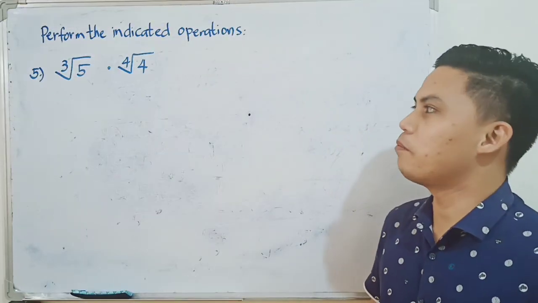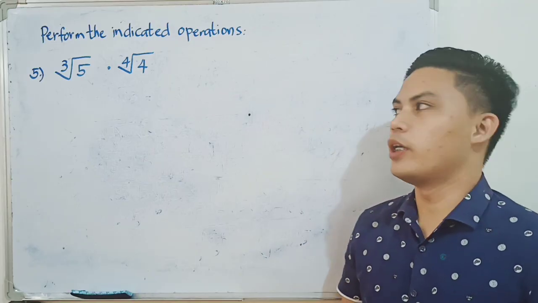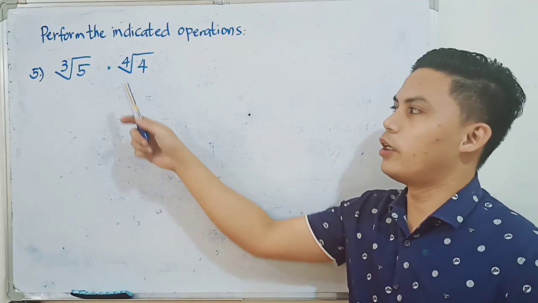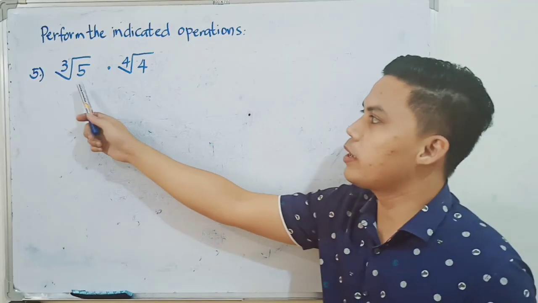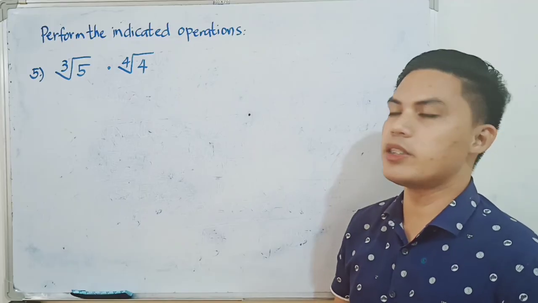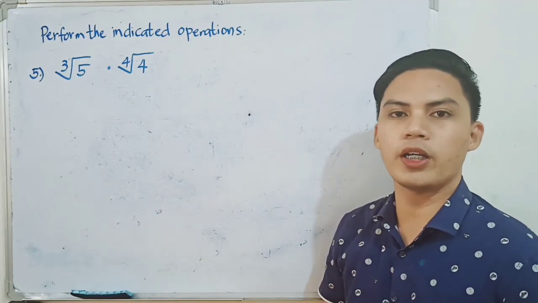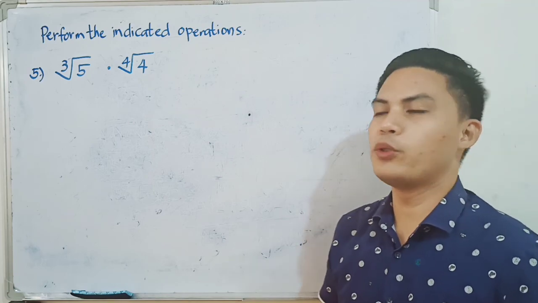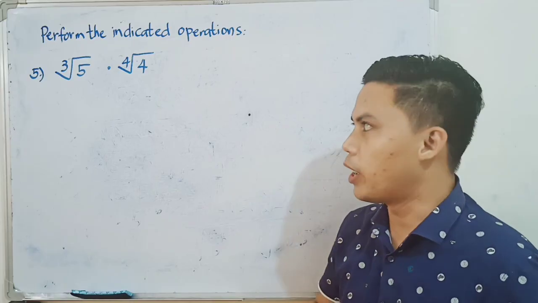And for our last example, we have cube root of 5 times 4th root of 4. So kung mapapansin natin, hindi sila magkaparehas ng radicand, and at the same time, hindi din sila magkaparehas ng indices. So same sa number 4, ang gagawin natin una is that we're going to transform them into expressions with rational exponents.